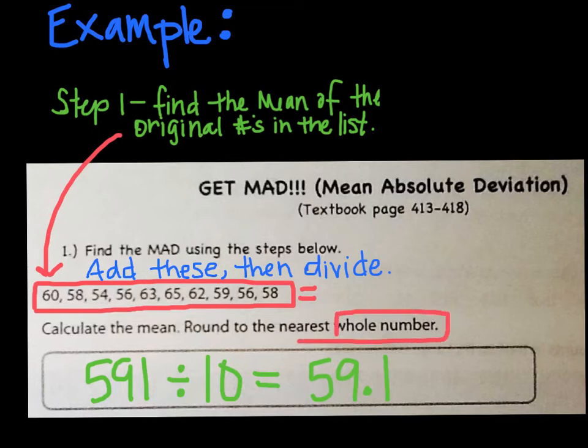If you think about rounding to the nearest whole number, we look at the first digit behind the decimal. If it's 5 or greater, we round up. If it's 4 or less, we just keep the whole number like it is. Since the digit behind the decimal is a 1, I am going to keep the number like it is, so my mean would be 59.